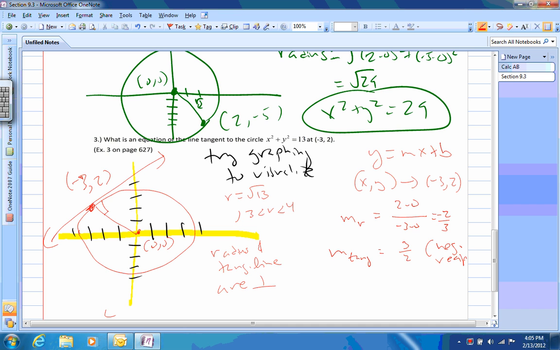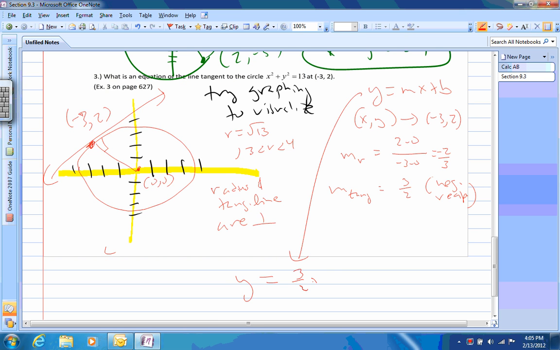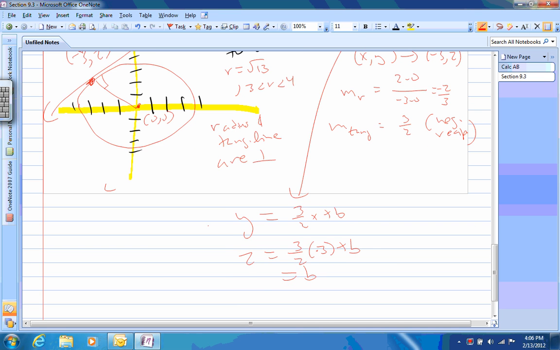So it'll be 3/2. So if we work it out, y is going to equal 3/2 x plus b. Let's use -3 and 2 for x and y. Solve for b, and you should get 13/2. So your equation would be y equals 3/2 x plus 13/2 for the tangent line.